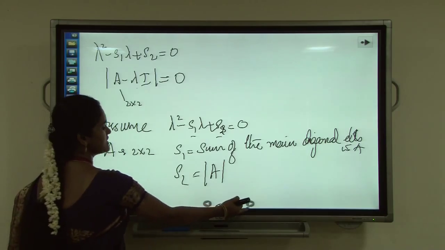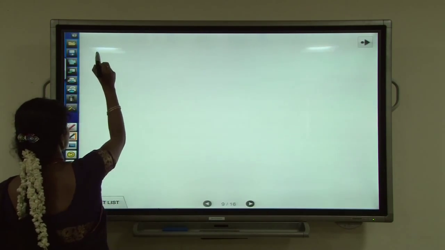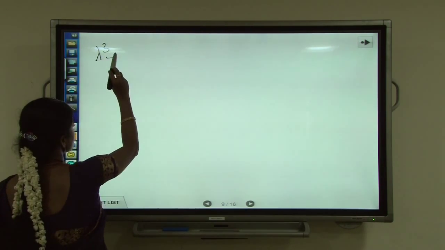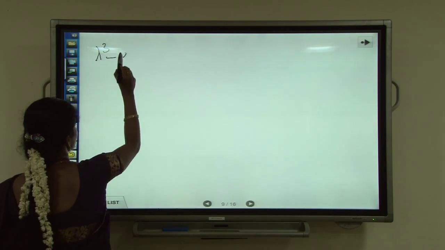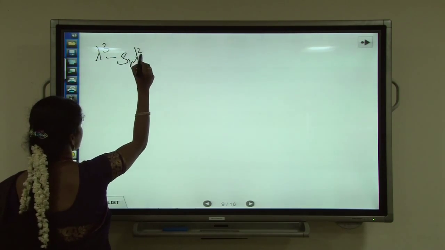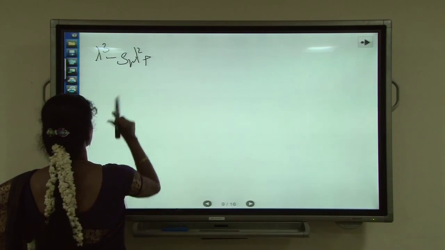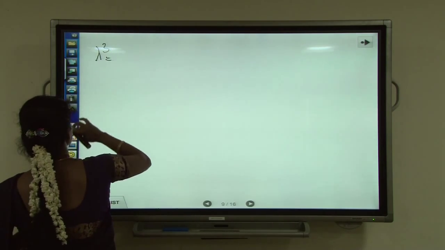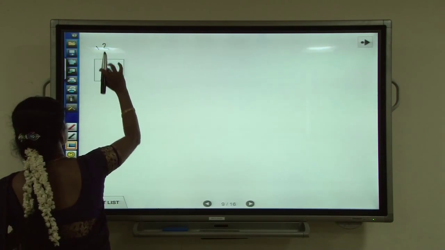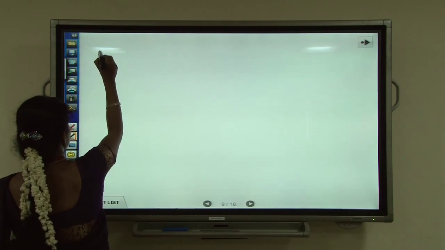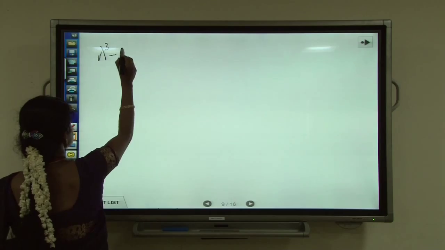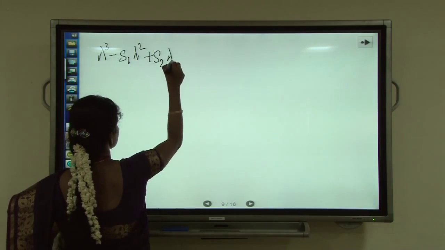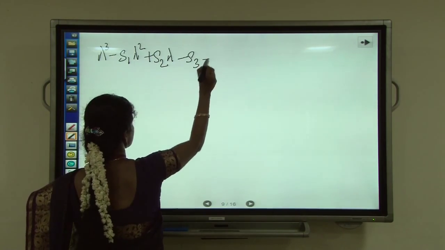If it is for a 3 cross 3 matrix, how could you find the characteristic equation in short? Since it is 3 cross 3, we will end up with a cubic equation: lambda cube minus S1 lambda square plus S2 lambda minus S3 is equal to 0.